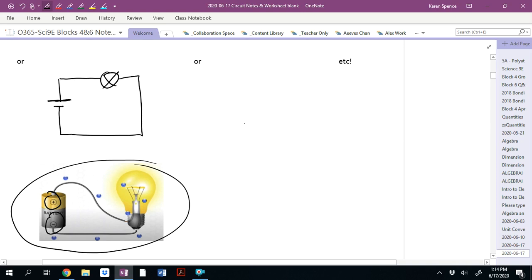What if I did something wild and crazy like this? Okay, there's my positive terminal, and it's attached to a light bulb. And then what if I did like that? Is that okay? Yeah, absolutely. It's totally okay.